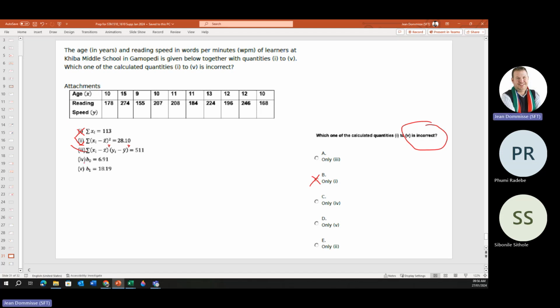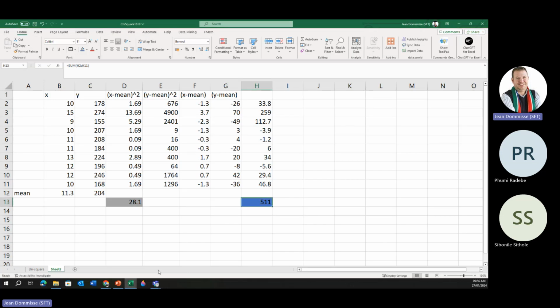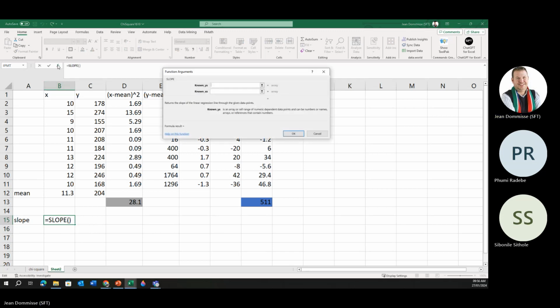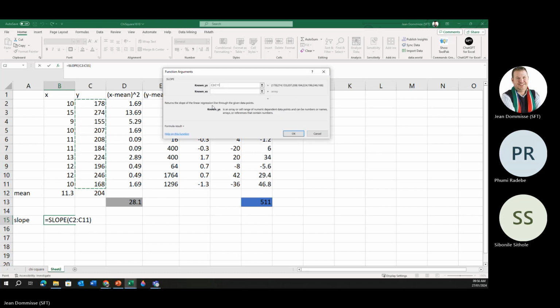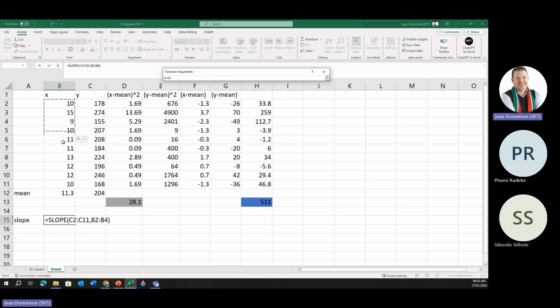Okay, and now we need to remember if you work with B0, B1, which one is for slope, which one is for intercept. So let's just have a formula slope. So there is a nice formula for that in Excel. So first you need to put in the y's. Then you need to put in the x's.